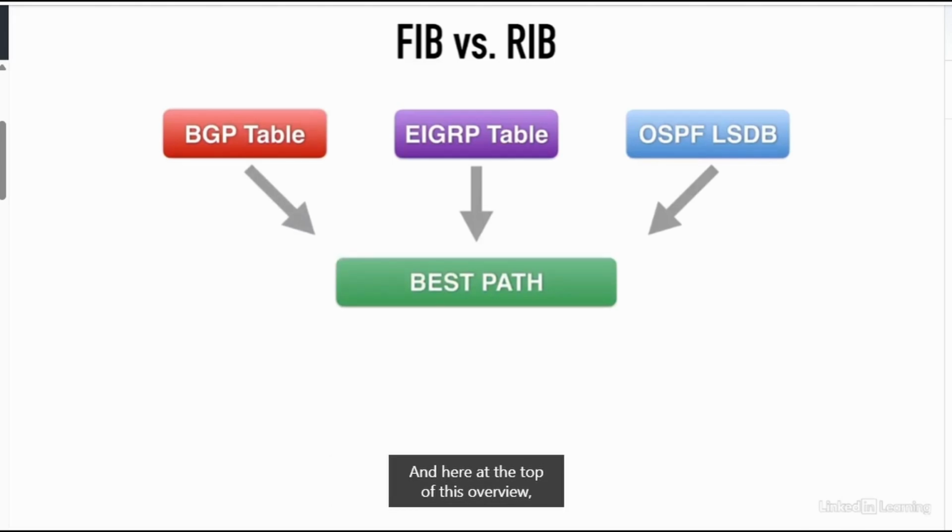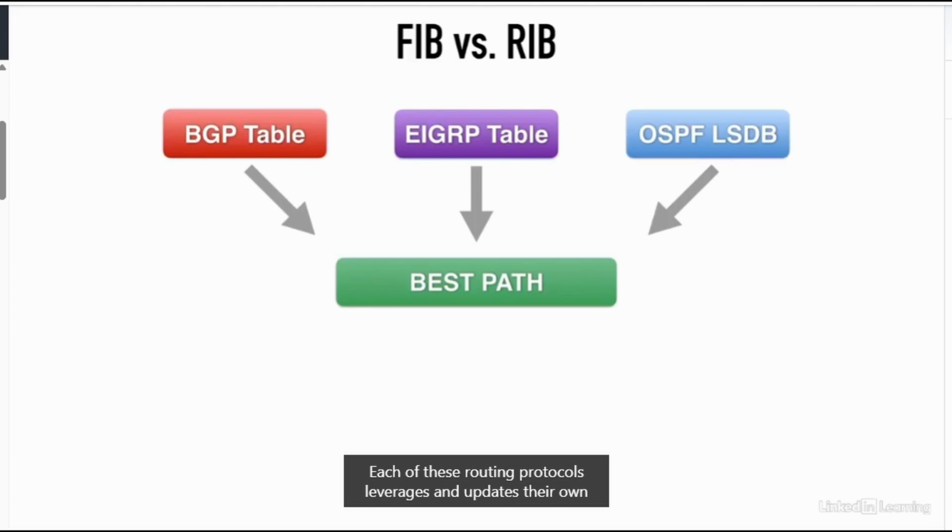And here at the top of this overview, we see routes learned dynamically being represented. Each routing protocol has its own internal structure used for routing. So where we see BGP, EIGRP, and OSPF in this example, we can see those respective structures: the BGP table, the EIGRP topology table, and the OSPF link state database.